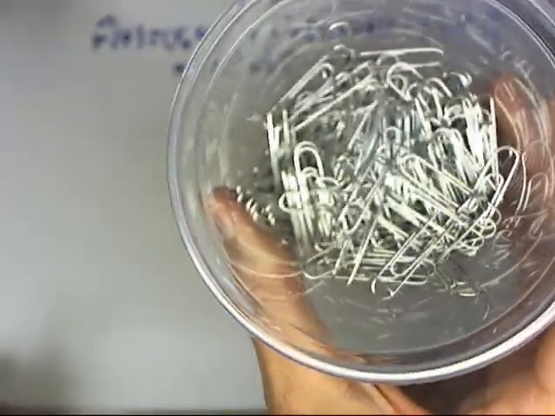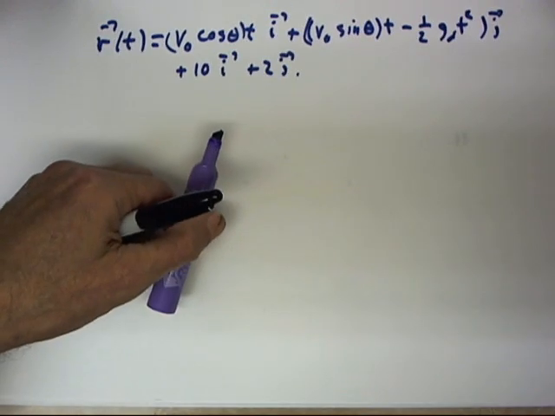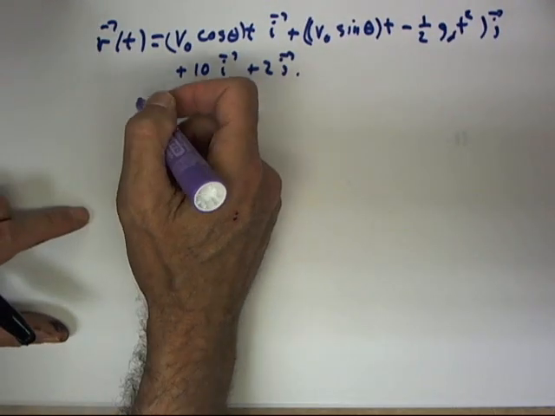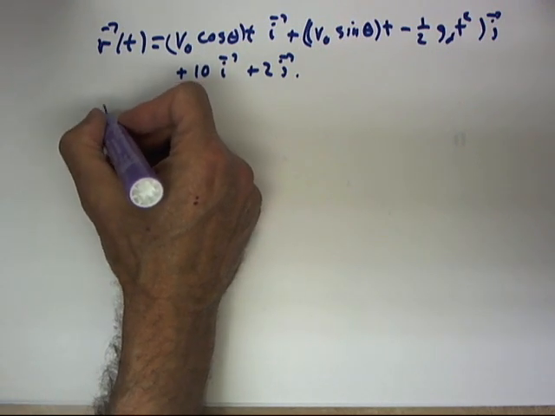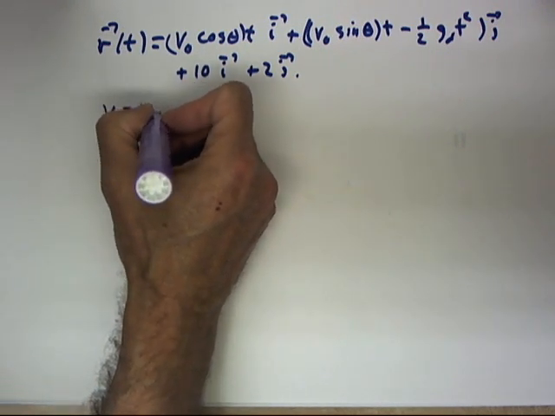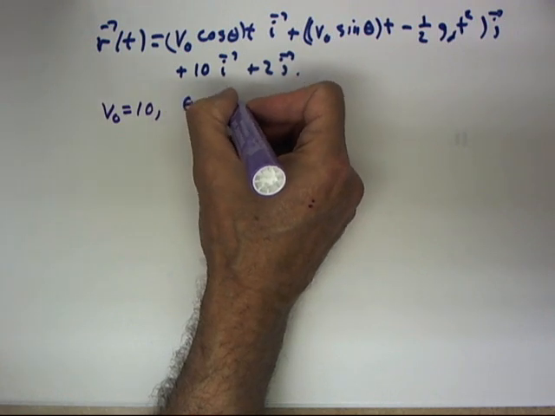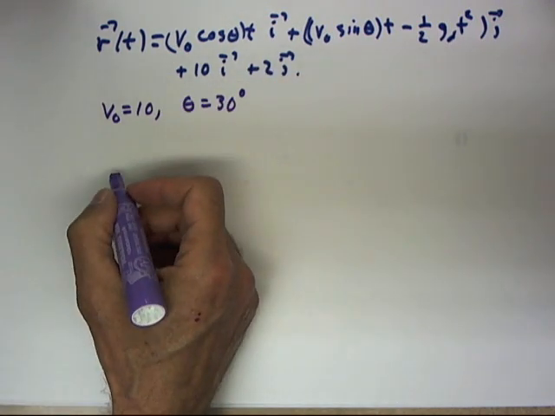Now the conditions that we have for this problem, as we've described them, as soon as we recover our camera's focus. For the assumed problem, we had v naught equals 10, theta equals 30 degrees.